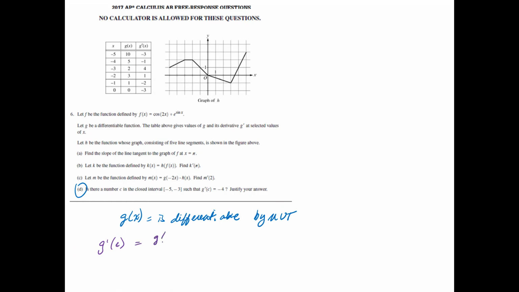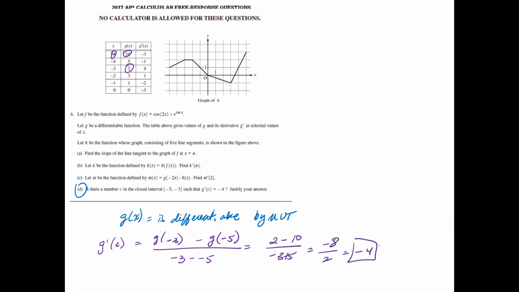So I'm going to have g of negative 3 minus g of negative 5, because those are the 2 points, over negative 3 minus negative 5. G of negative 3 is going to give me a 2. G of negative 5 is going to give me a 10. Negative 3 plus 5, so that's a negative 8 over 2, which is a negative 4. And that is your C.